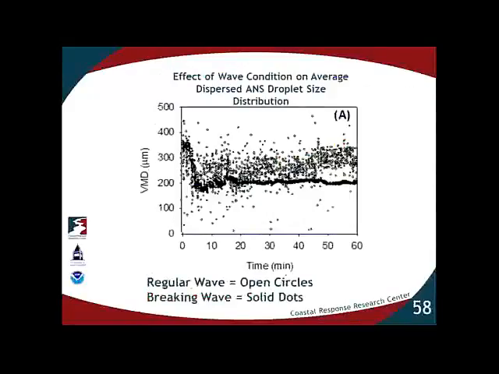Okay, so this is the Alaska North Slope crude, and this is an example of what happens. Now, here's the key again with this droplet size. It's kind of strange, but when you put Alaska North Slope crude into a tank, over time, with regular waves, you get, and this is the size of the droplets over here in microns, a lot of different sizes over time.